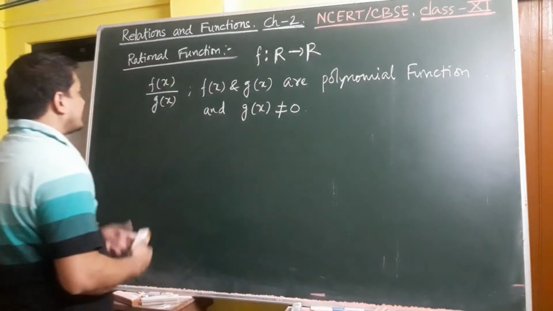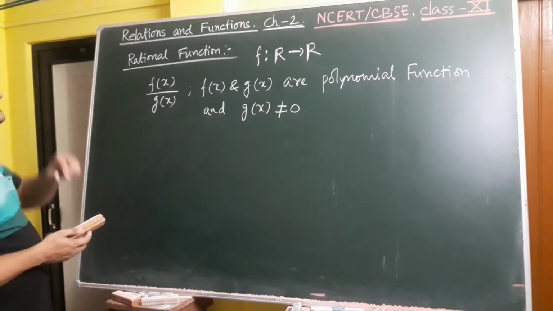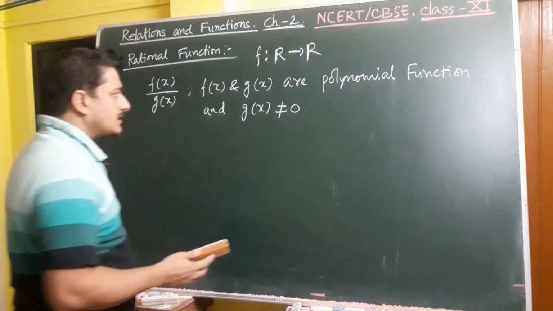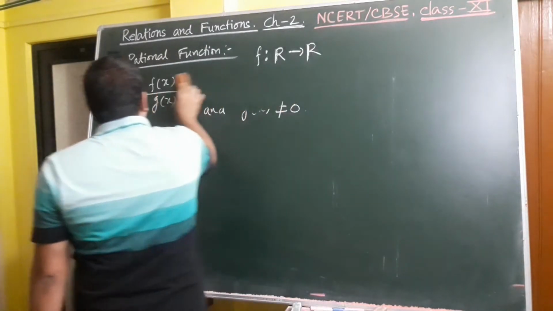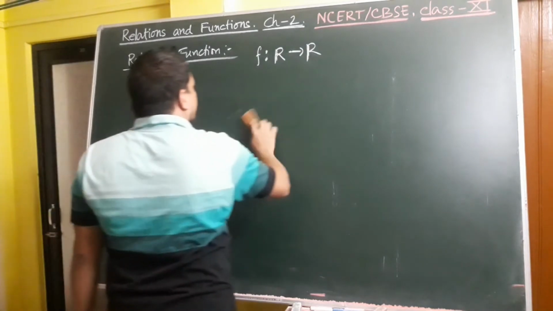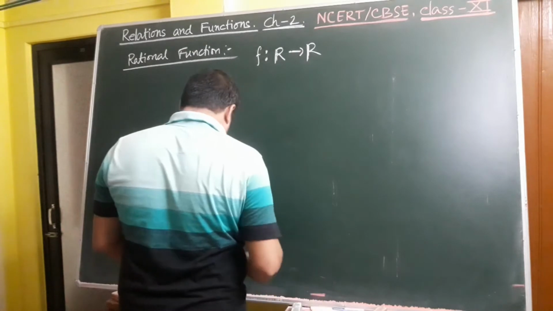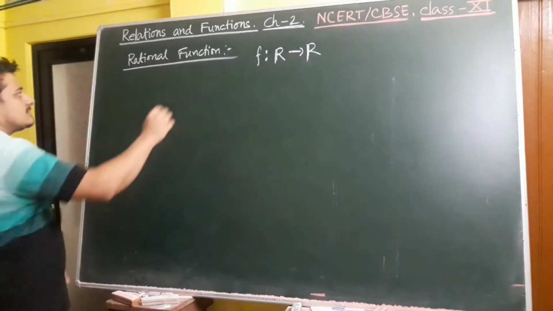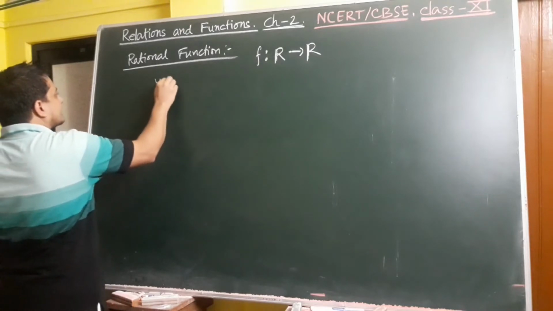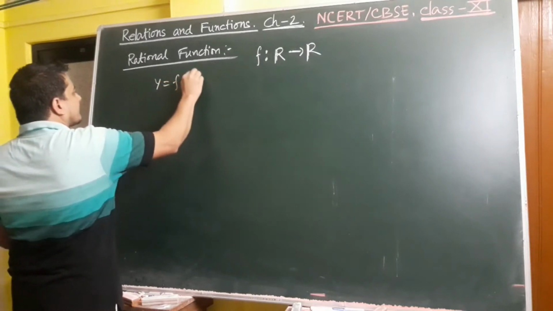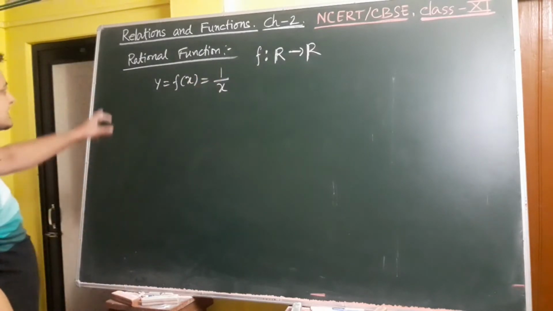Okay, so now we shall take one example of this rational function. This is example 15, page number 40, I guess. So let me write it. Say any function f from R to R, and it is written in the form y is equals to f of x is equals to 1 upon x. So this is a rational function.